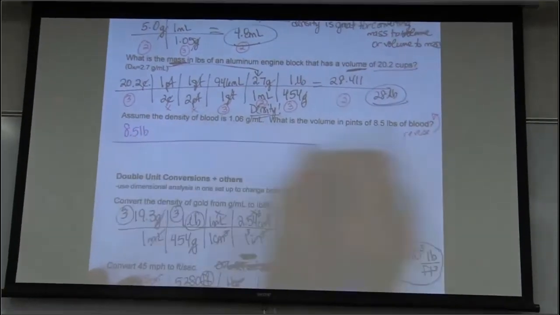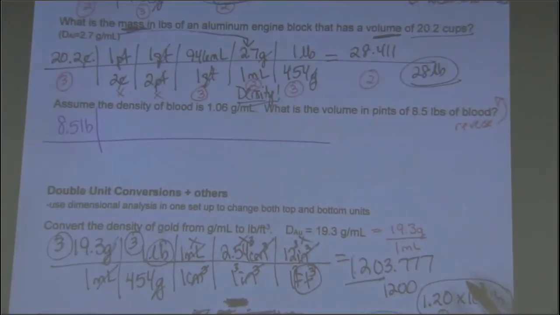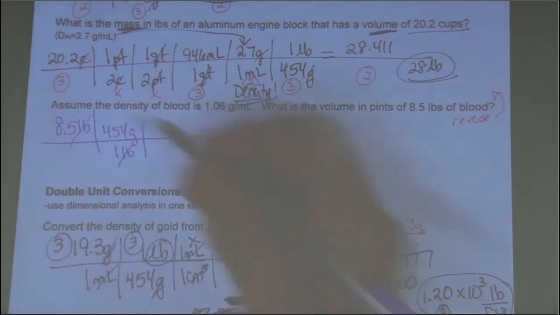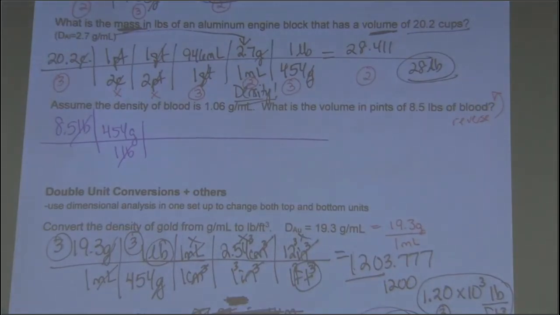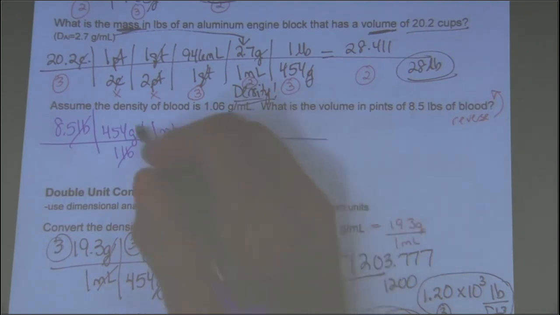All right, so 8.5 pounds. Keep going. So what goes on top? And then what? 1 pound. Okay, good. And then I tried to use the density conversion. Okay, so what did you put on top? I put 1 million. Good. What goes on bottom? 1.06 pounds. Good. All right.